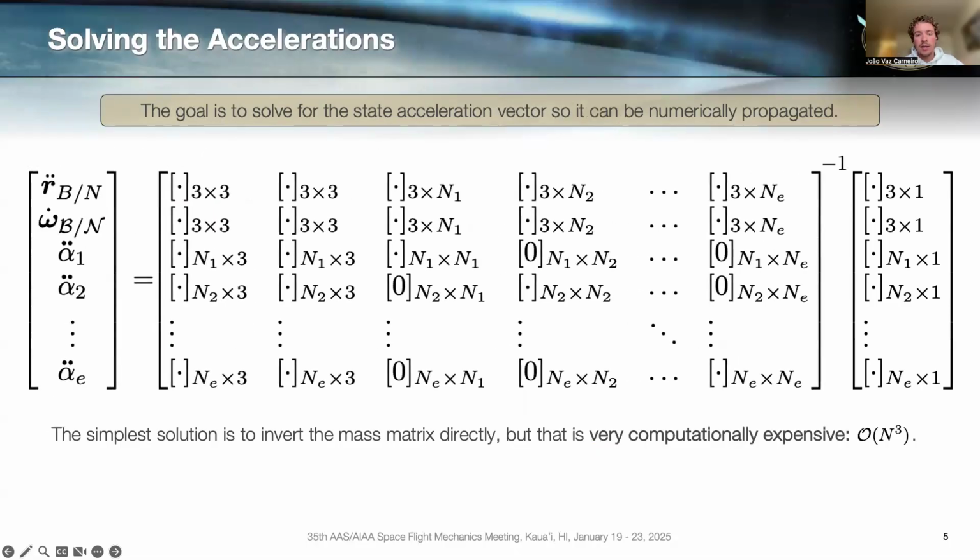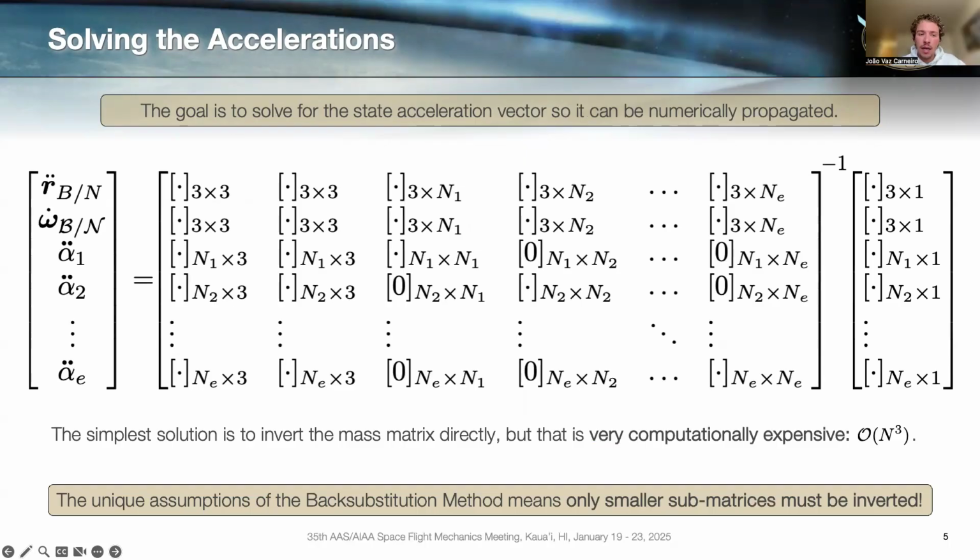The issue with this is that this is very computationally expensive. It scales on the order of n cubed, n being the size of the matrix. So basically, n is the number of states. And the key aspect here is that the unique assumptions of the backsubstitution method mean only smaller submatrices must be inverted. So instead of inverting one n by n matrix, we're inverting smaller 3 by 3 or 6 by 6 matrices, and that is much faster than inverting the whole thing.